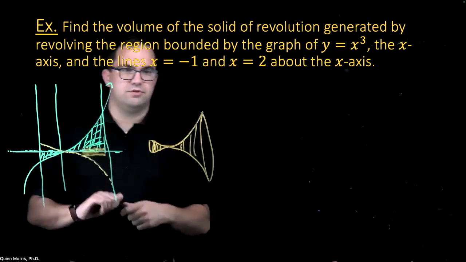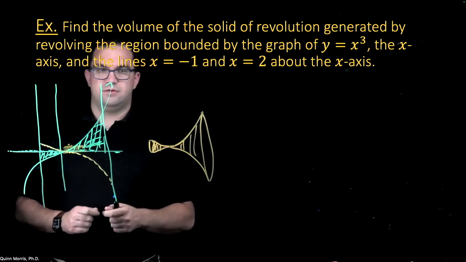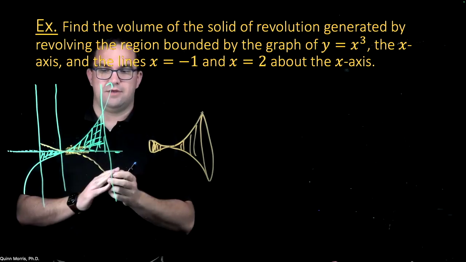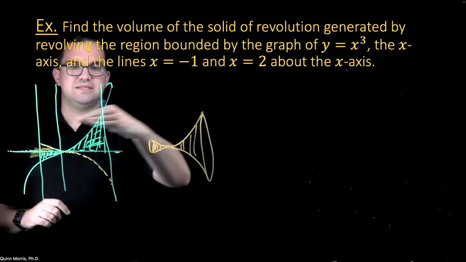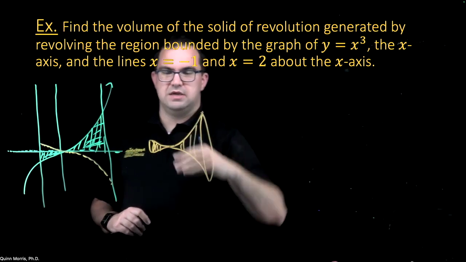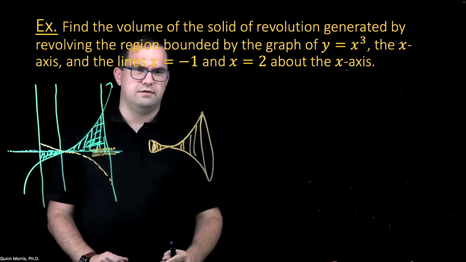All right, so this is what my solid is going to look like. And now, again, I want to start thinking about, well, what if I were to take cross sections? Now, I could cut either way, and we've seen this before. You can make slices either way. If I make horizontal slices, it's not clear what my cross sections would really look like.